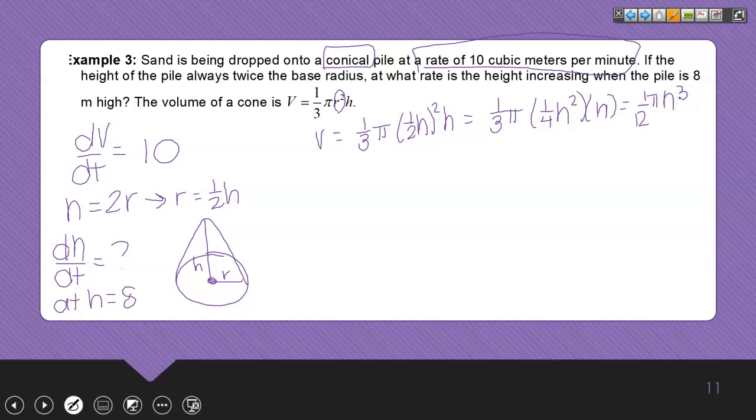So we get volume equals 1/12 pi h cubed. And then we're going to derive.